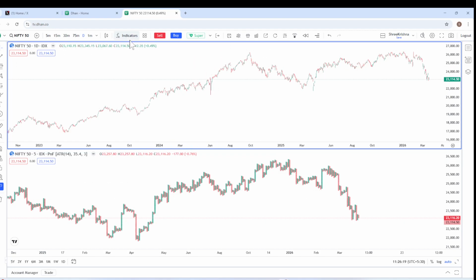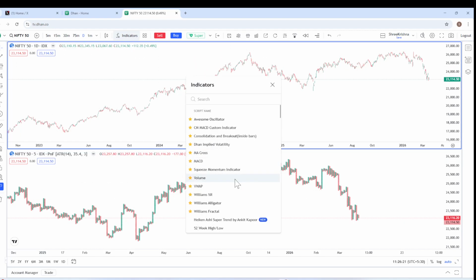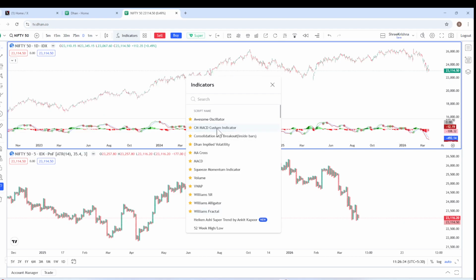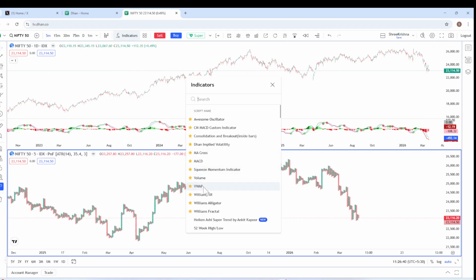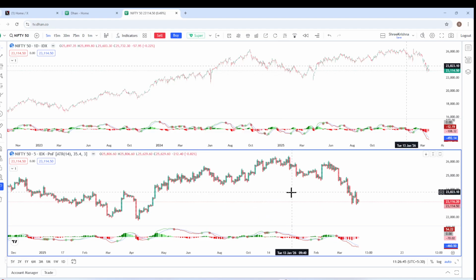Now I will put Williams fractal for both, and I will put MACD, so that you come to know exactly. Above is the daily, and down also I'll put Williams fractal and MACD.